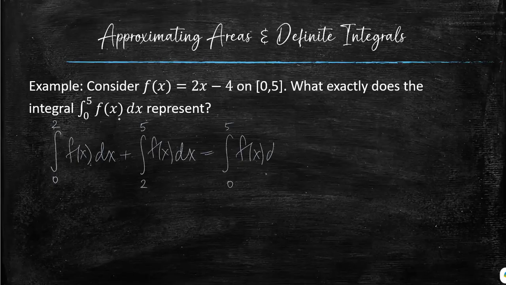Right, that's the subdivision property. Now, if you do graph this function, this is a linear function with the y-intercept -4. So 1, 2, 3, 4. The slope is 2, so 1, 2, and we go from 0 to 2. So this is 2, and this is 5, right? So this is the graph of this function.